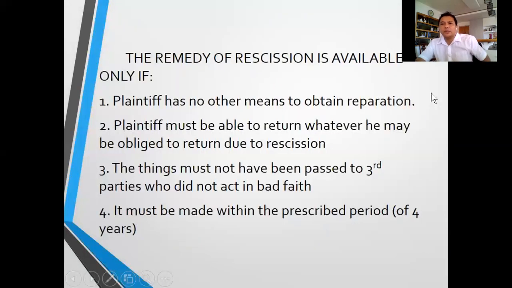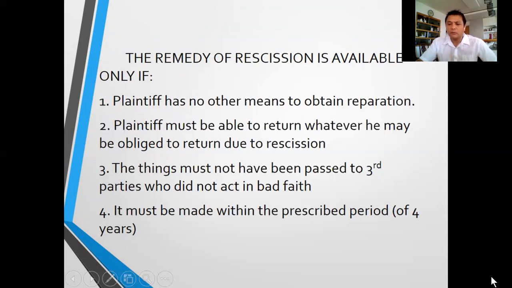Now, the remedy of recession is only available if the plaintiff has no other means to obtain reparation. So meaning, it is not the first remedy. The first remedy for the ward or the minor, since he suffered lesion, is to file a collection from the buyer for the damage suffered.